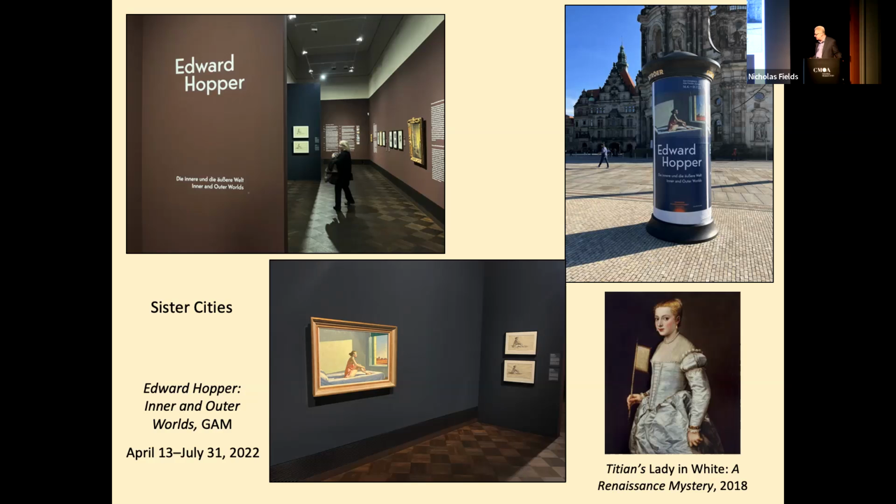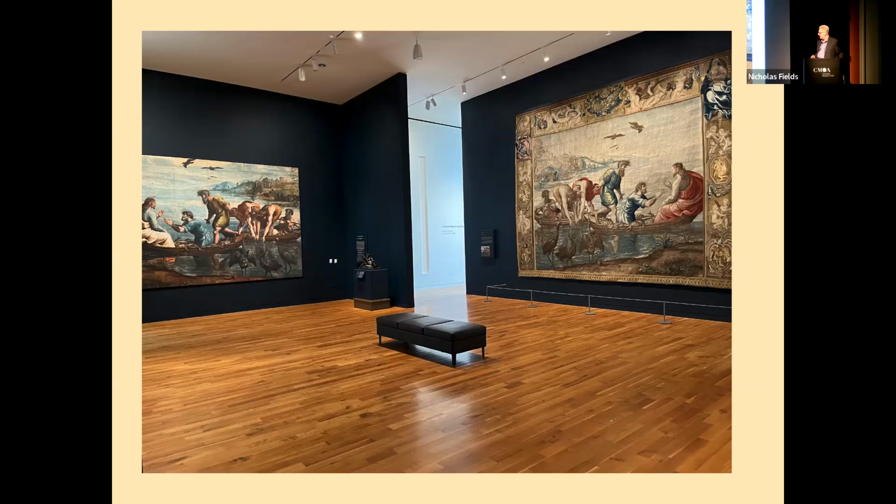And that show is running until July 31st, so it's almost going to close. In fact, one of our registrars, our courier, is getting ready to accompany the painting on its trip back to Columbus when the exhibition closes.